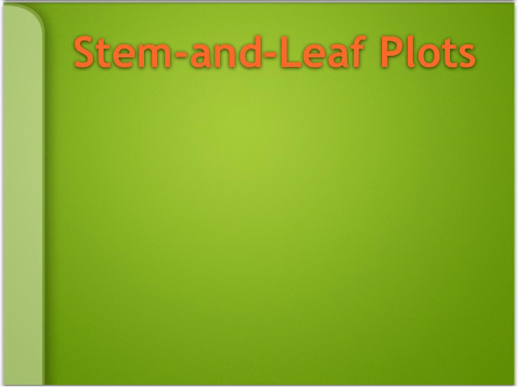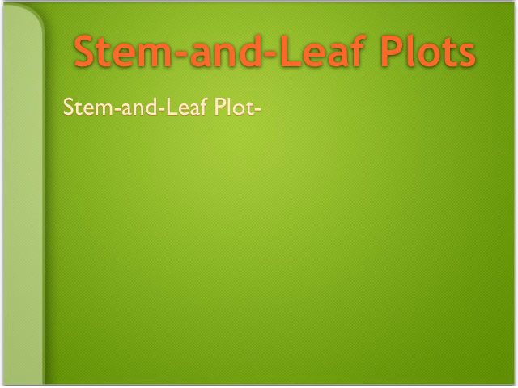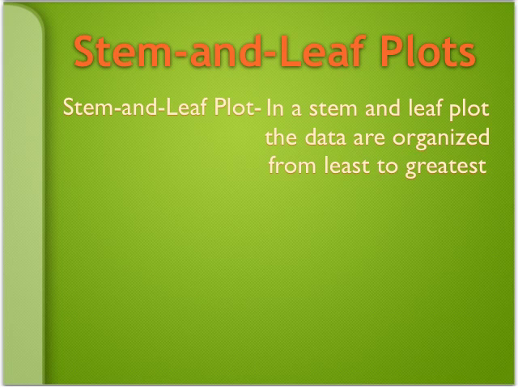All right, next we're going to move on to stem and leaf plots. In a stem and leaf plot, the data are organized from least to greatest. Then we have an outlier.